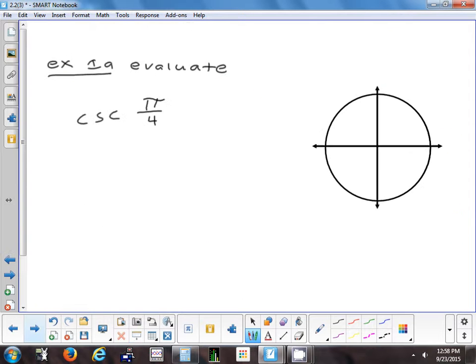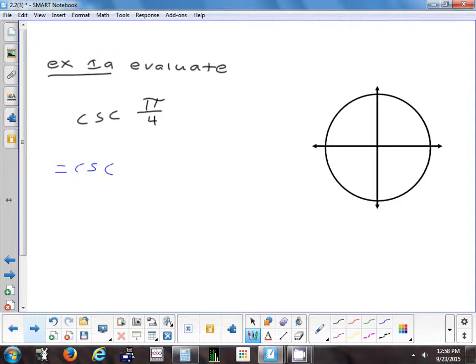All right, let's try it for pi over 4. Some of these problems will review what we did yesterday as well. Okay, Kobe, what would that be in degrees, pi over 4? That's a common one we use a lot.